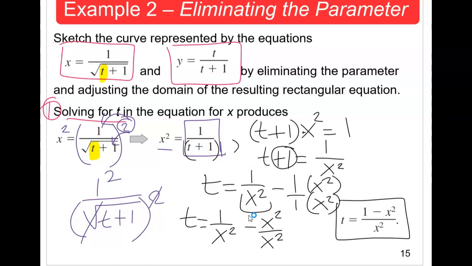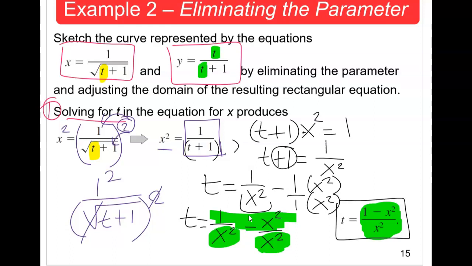So now that they both have the same denominator, x squared, we can combine them into one fraction. And that's what we see here: 1 minus x squared in the numerator, and x squared in the denominator. So now that expression that we got is what we're going to substitute for every t that we see in the other equation.